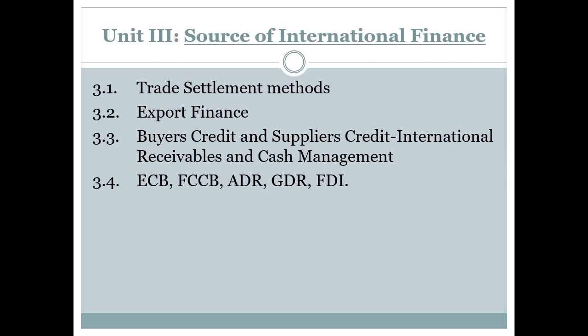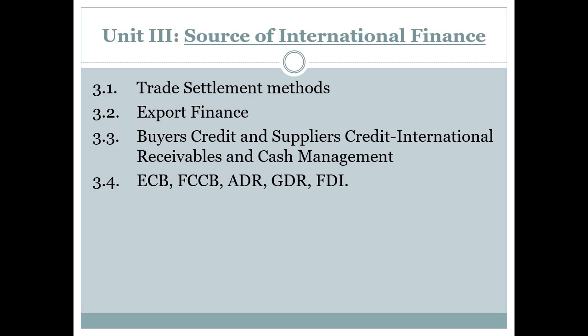What are these two terminologies, and what are the characteristics of buyer's credit and supplier's credit? Then international receivables and cash management, and how to manage cash whenever we are dealing with international trade or international business.